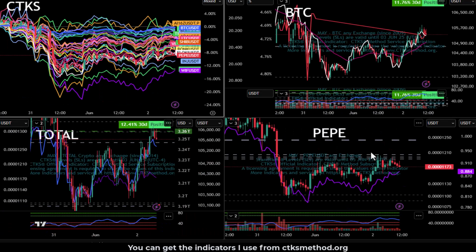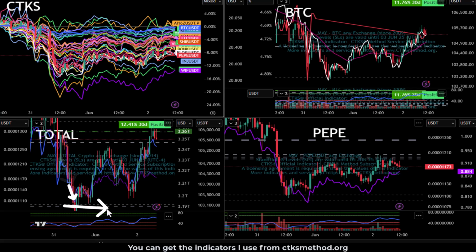Now that you understand these charts a little bit more, you can see Bitcoin was just romping up, and what did Pepe do? It did this. Why did it do it? Because of the structure. This is completely real-time stuff. You look at the structure literally on a second-by-second basis. It is that predictive.